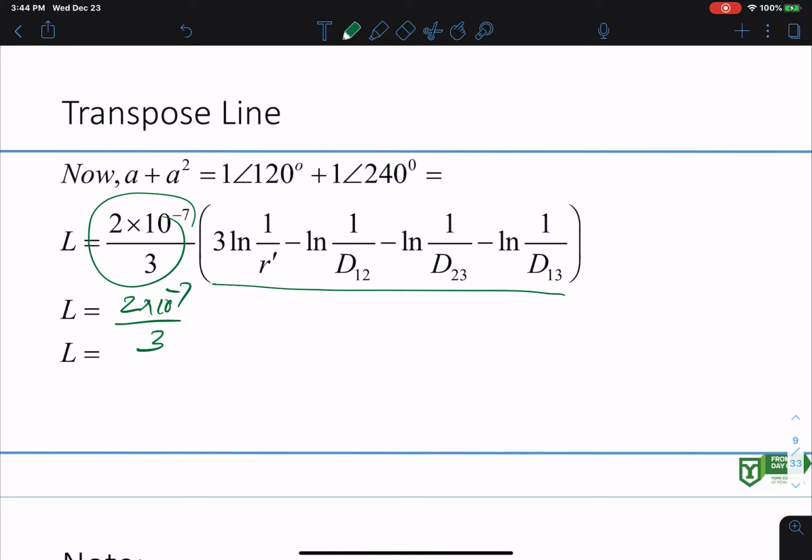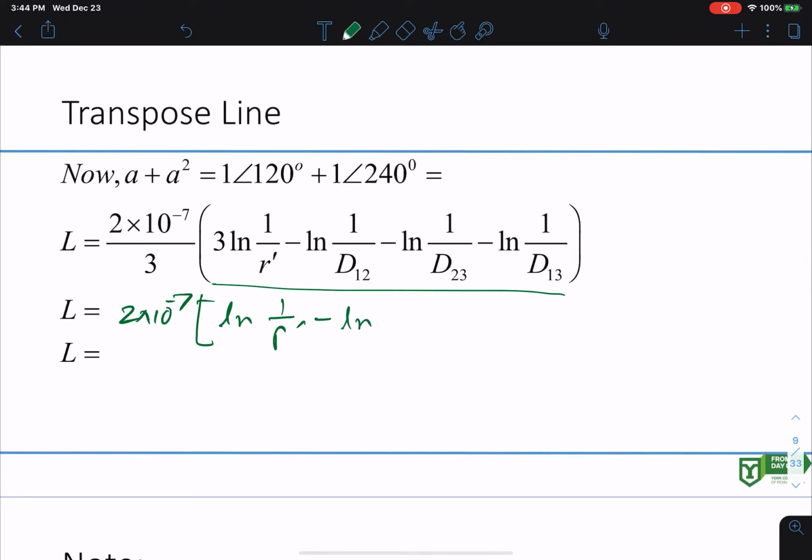Let's multiply 3 inside there. If we multiply, 2 times 10 to the power negative 7, the 3 will go away. So we have ln 1 over R prime here. Then all of this will have 3 over here now: ln 1 over D12, plus ln 1 over D23, and ln 1 over D13, right? We got all of this inside.